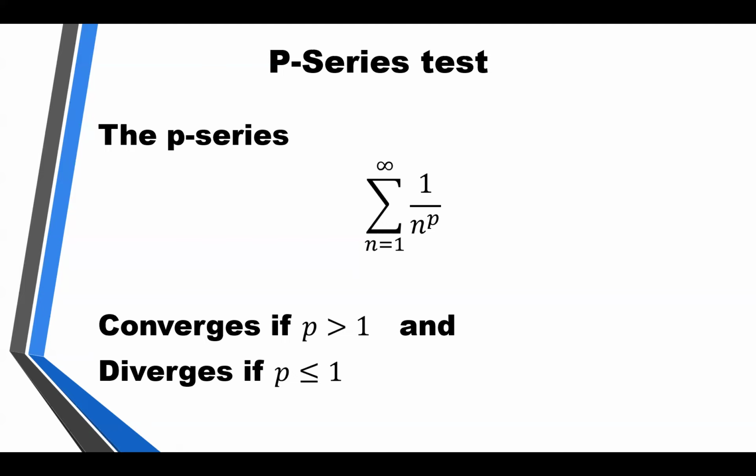If P is less than or equal to 1, I know the series is going to diverge. This is the p-series test, and it's a fairly important test to use.